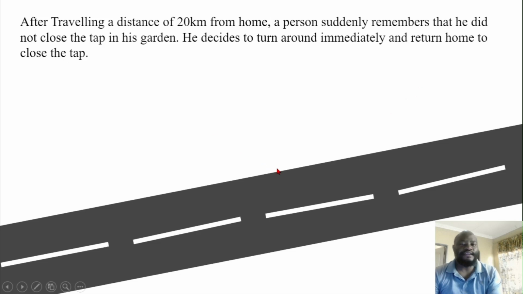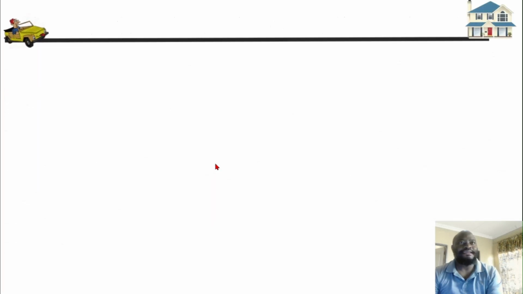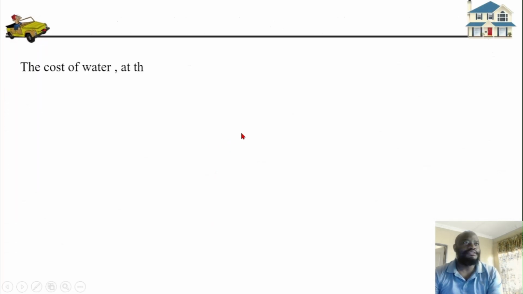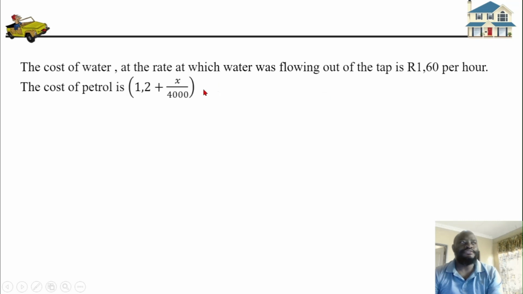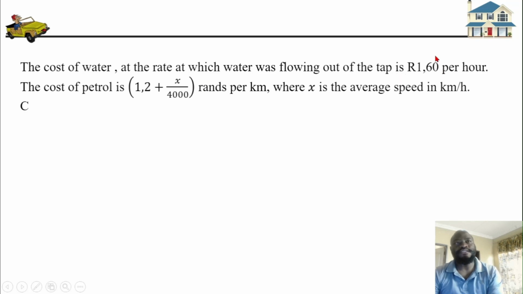So he needs your advice, the mathematician, and says, at how much speed must I drive so that I don't lose money? So there are two problems. There's a rate at which he's using petrol, and there's a rate at which he's losing water.